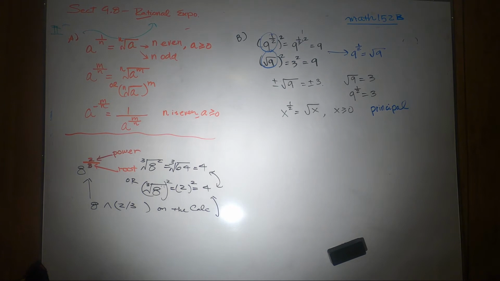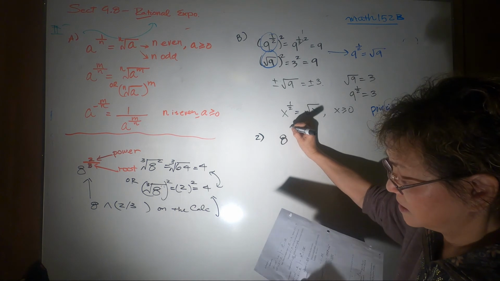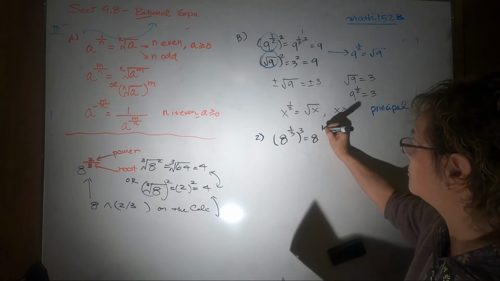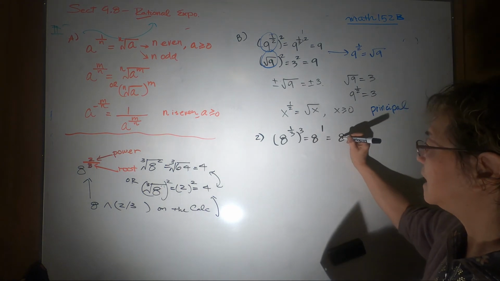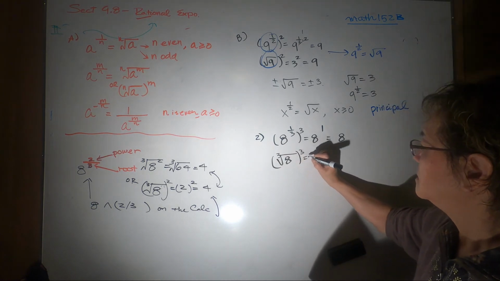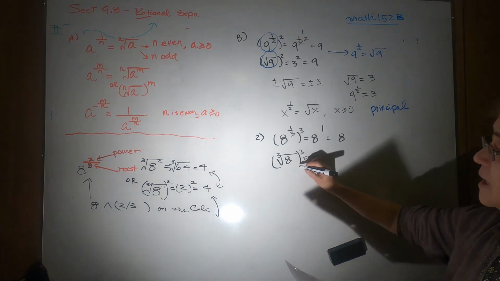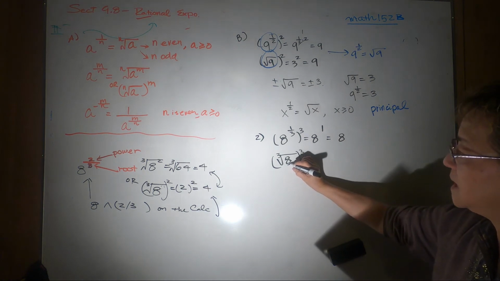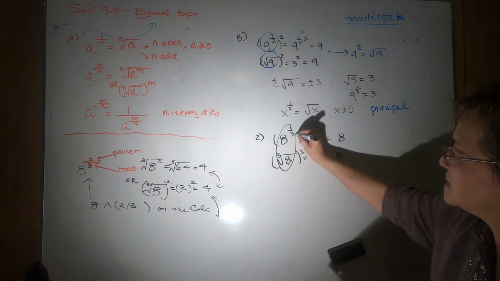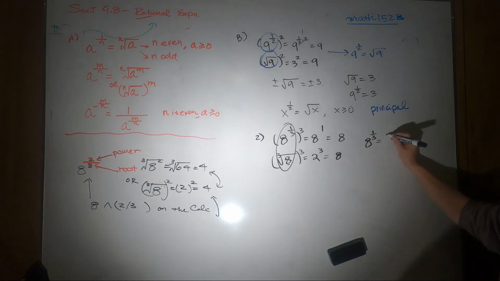That's for square roots. How about for cube roots? Cube root, a to the 1/3 to the 3, you multiply your powers to become 1, that would be 8, right? If we write the cube root of 8, take a 3 power, 3 times. So the cube root of 8 actually is 2, and 2 cubed will be 8. That means the inside, they are the same. That's how we use the symbol.